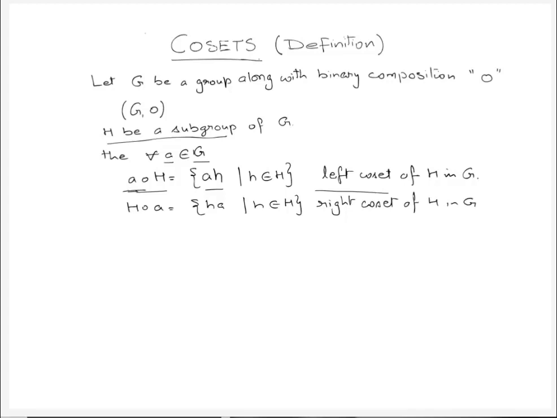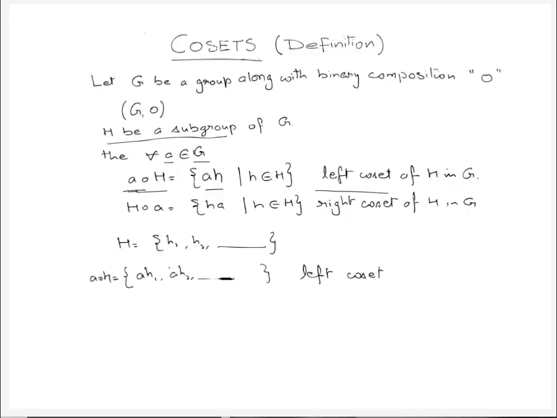It says that if you have a subgroup H, containing some elements h1, h2, and so on, then if you multiply all the elements h1, h2 from the left hand side with some element of G, say a, that is ah1, ah2, and so on, this new set is called left coset.